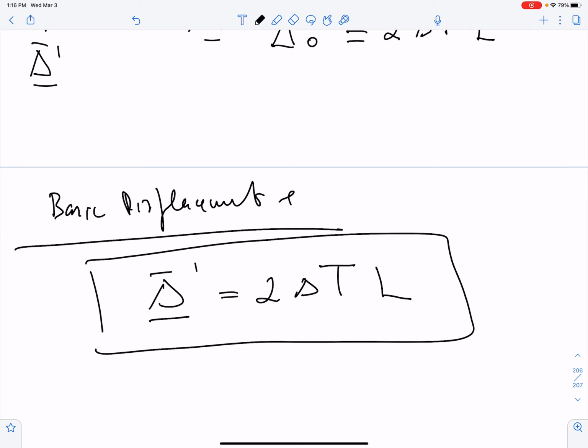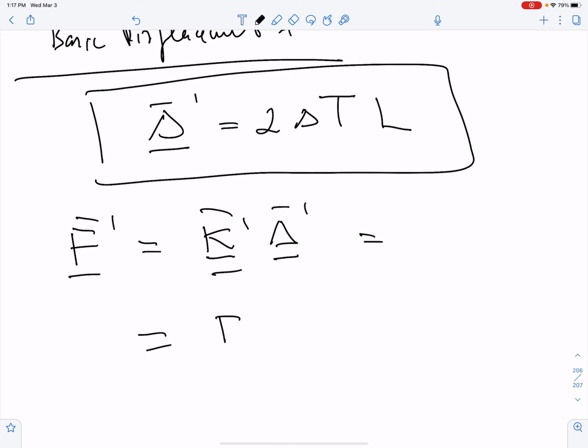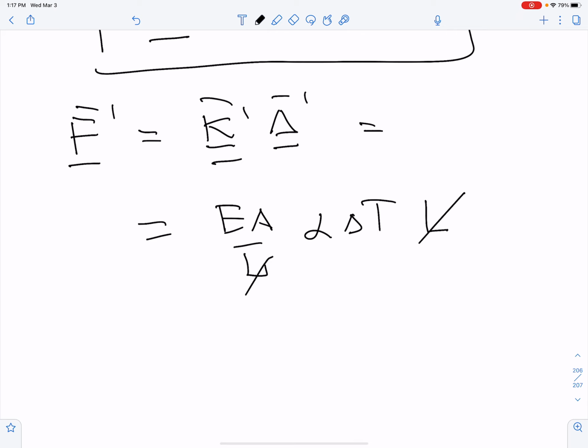And as a result, the basic force due to the elongation is the basic stiffness times the basic displacement. Basic stiffness was EA over L, and the basic displacement becomes alpha delta t L. Another interesting fact, L cancels out, and you get EA alpha delta t.